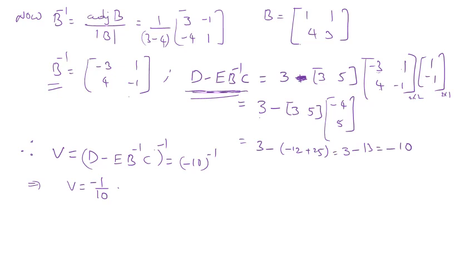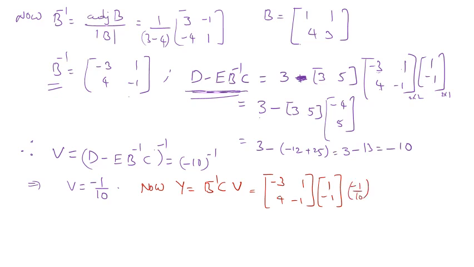Next value is y. What is the y formula? Y equals minus B inverse C v. B inverse is minus 3 1 4 minus 1, and C is 1 minus 1, and v is not a matrix, it is a constant.